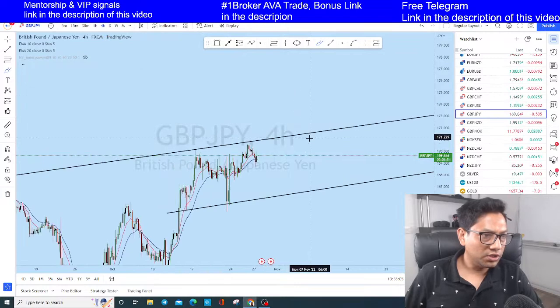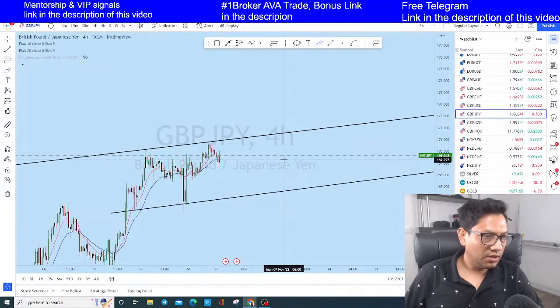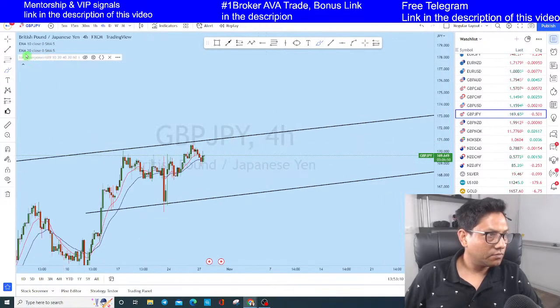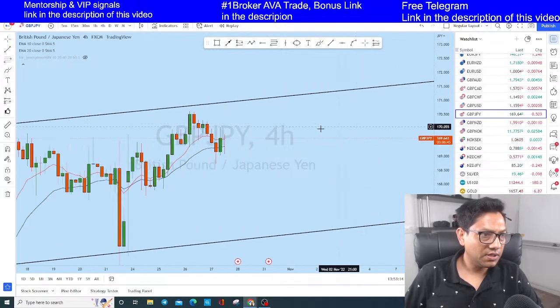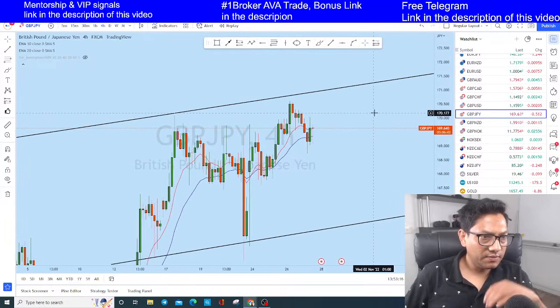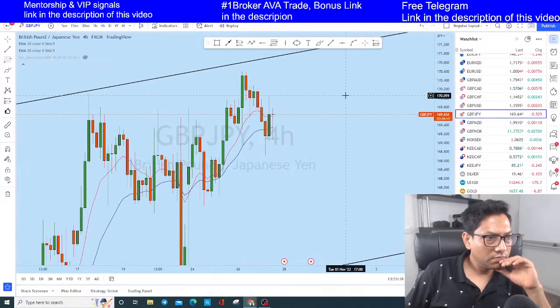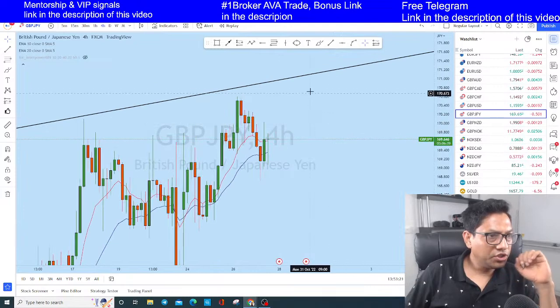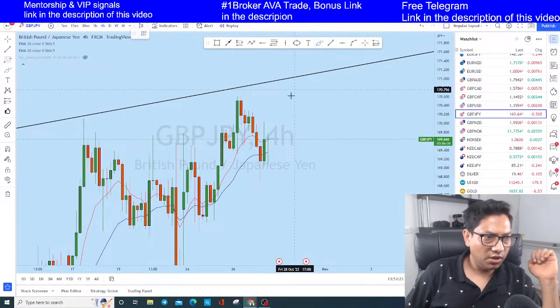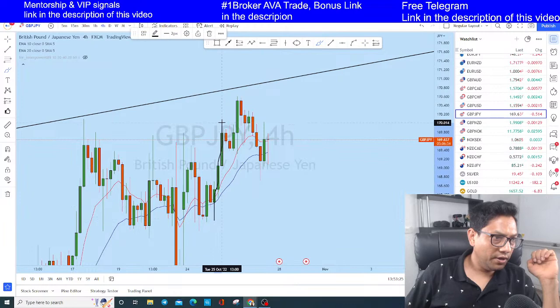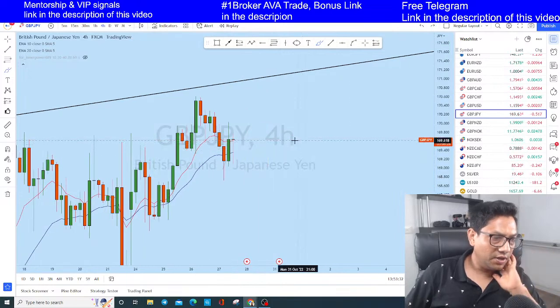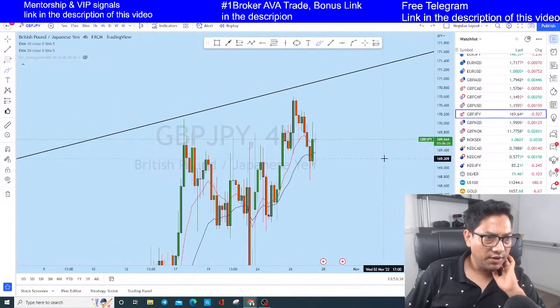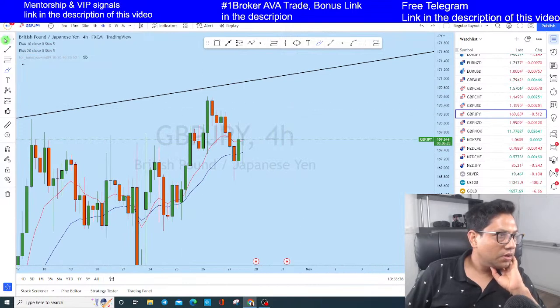So what you could see on GJ, this is the 4-hour time frame, and we see that the price has created a potential reversal here. See, there's a movement, correction, movement, so it is a reversal pattern on GBP JPY.